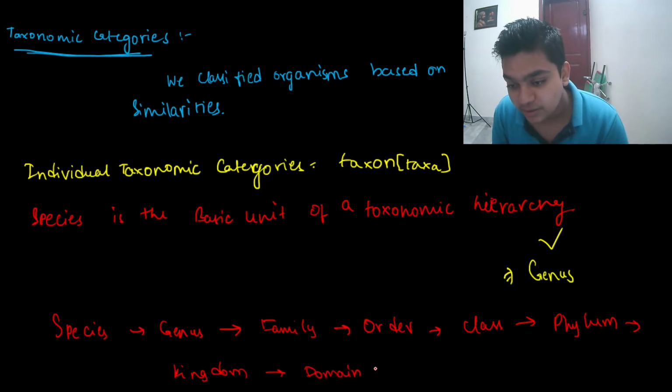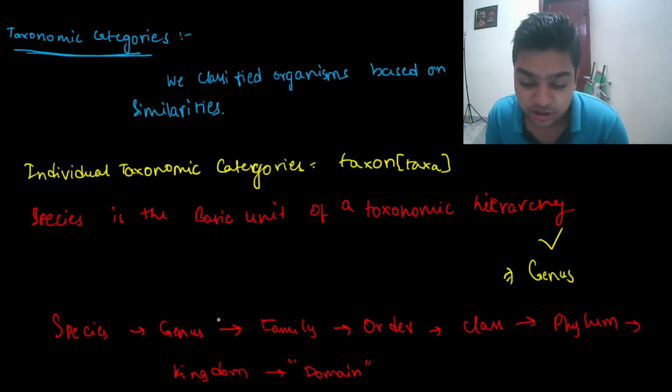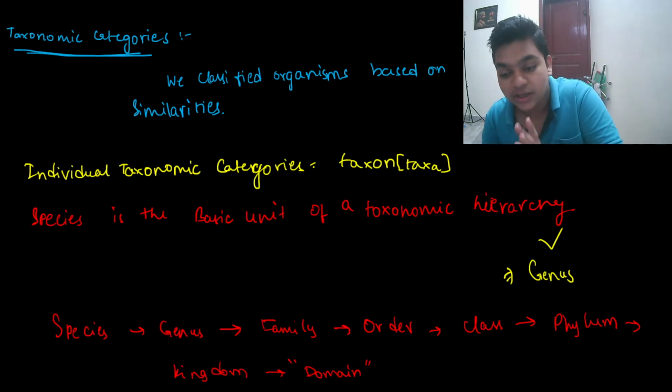This domain we include in the six kingdom classification, but not in the five kingdom classification. If you are considering five kingdom classification, we only consider it till five kingdoms, not six.